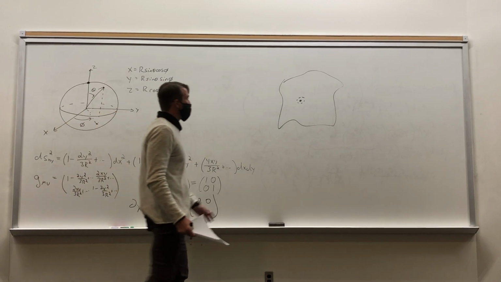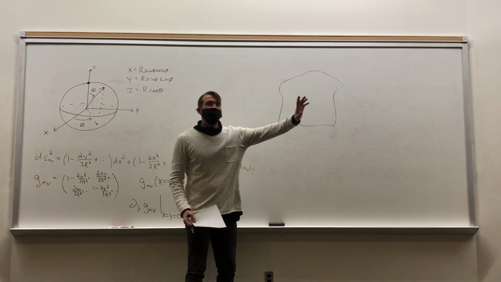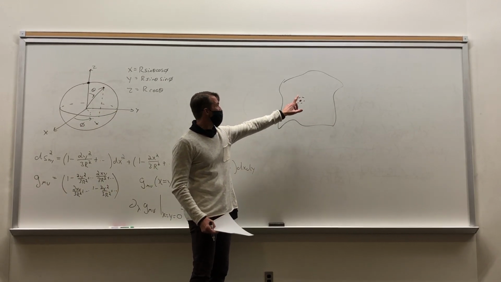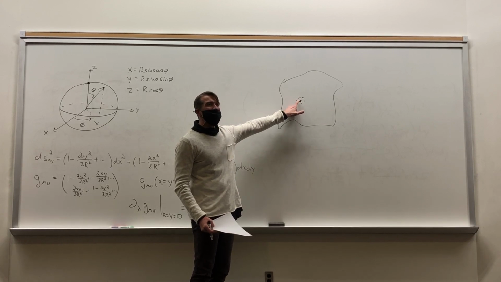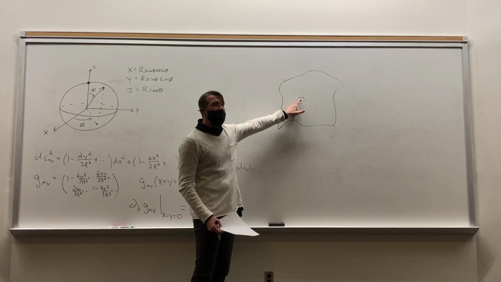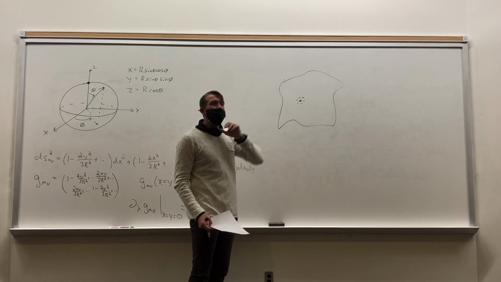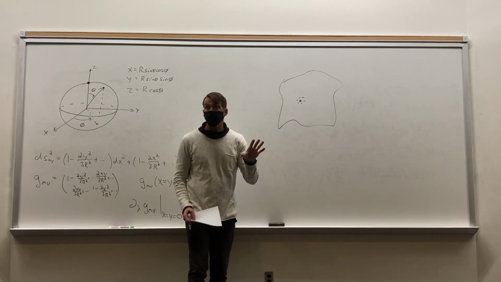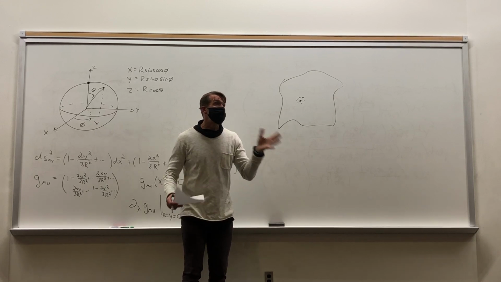Okay? So here's what we can do. If there's a process happening at this point, say the collision of two things, we can choose to work with coordinates such that that collision looks like it's taking place in flat space. That'll be easier to analyze.